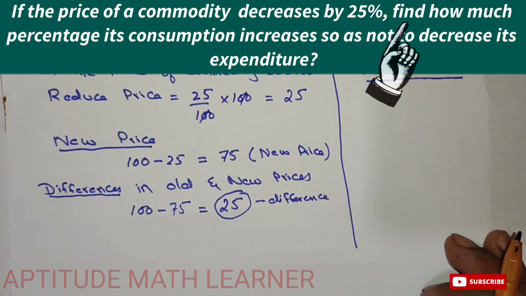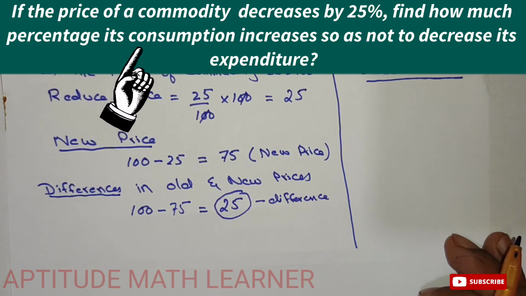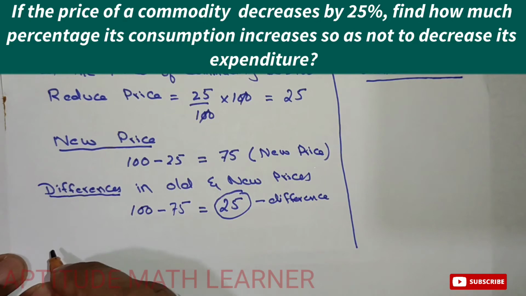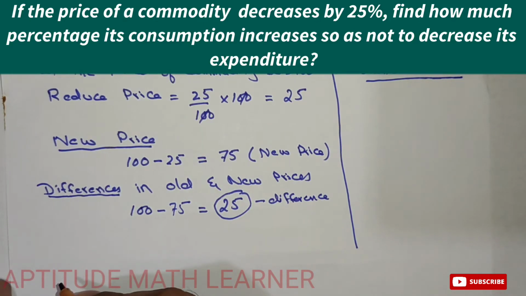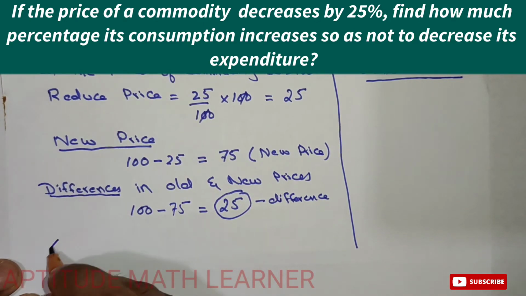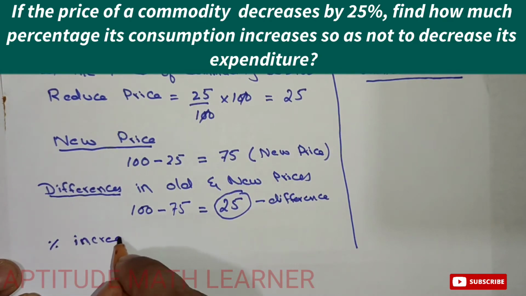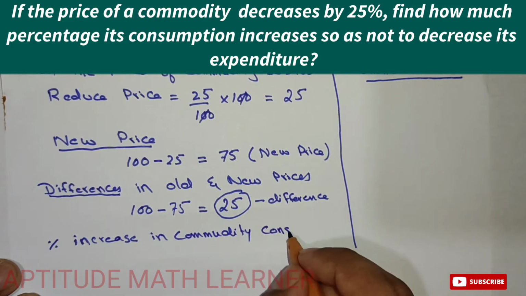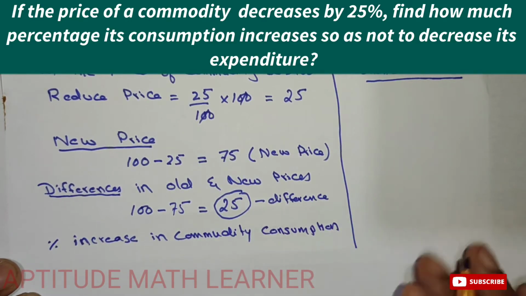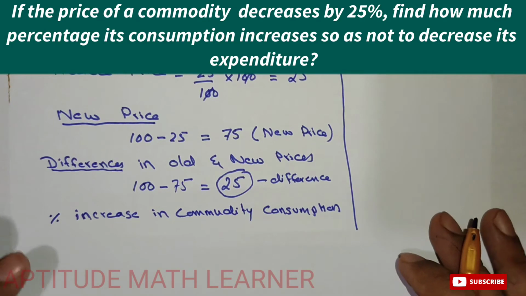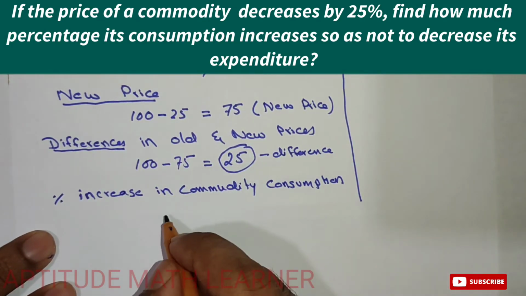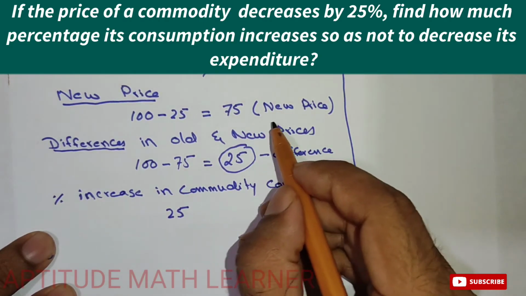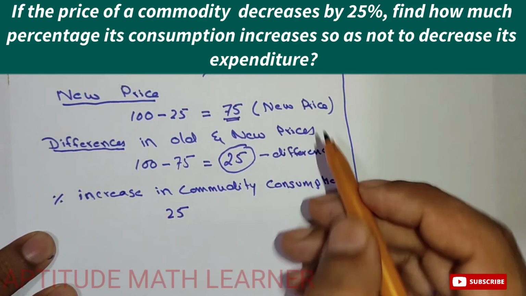And now the percentage increase, so how much the consumption will be increased. So the percentage increase in commodity consumption: the difference we are having is 25, and the new price is 75.